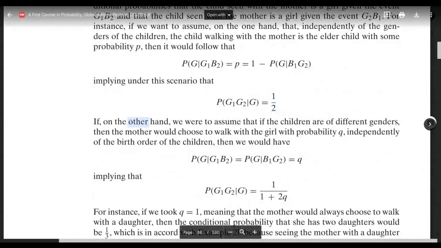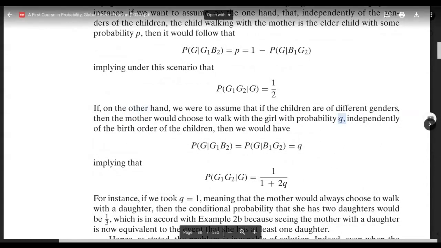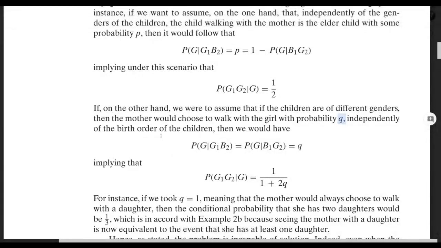On the other hand, if we assume that if the children are 2 different genders, then the mother would choose to walk with a girl with a probability of Q independently of the birth order of the children.